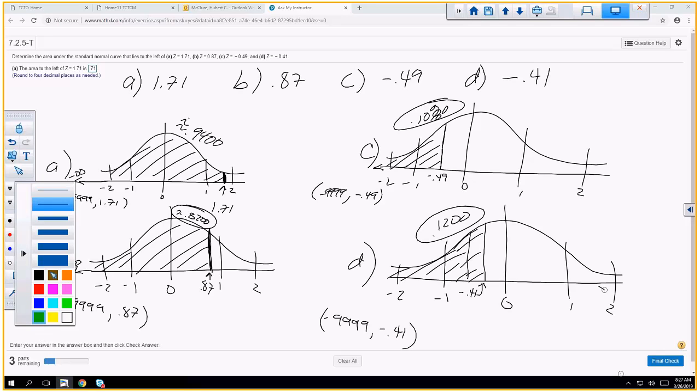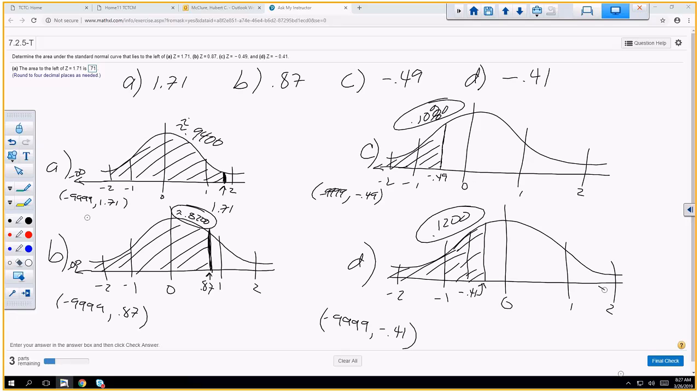Okay, what's negative 9999 to 1.71? 0.9564. I said 94, so that's about right. And what you're looking for with the common sense versus the answer, if I come up with 0.57 on the common sense, then I know either I'm doing something wrong or I've calculated something wrong.